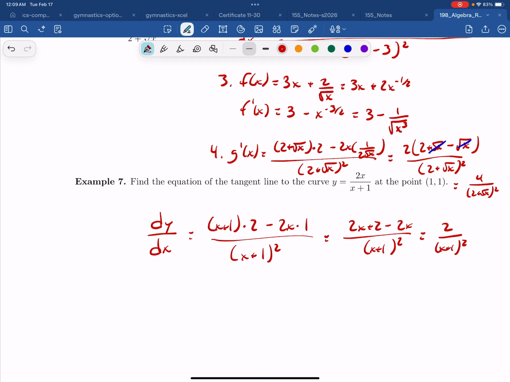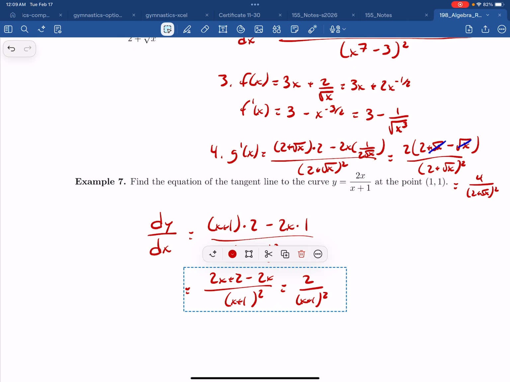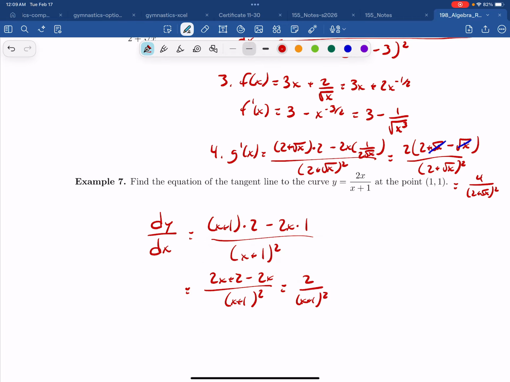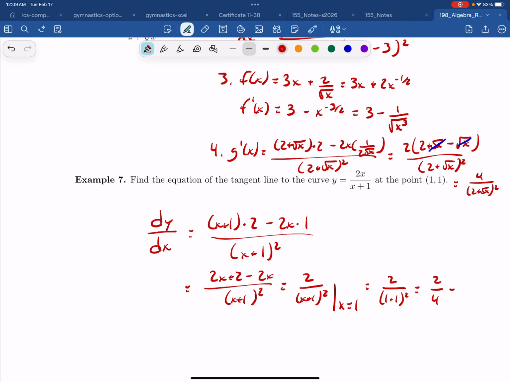Now here's a nice little bit of notation. Let me actually bring this down here, just for space purposes. You can then say, okay, evaluated at x equals 1 to get 2 over 1 plus 1 squared. That's sort of a way of plugging an x value into the derivative, which winds up being 2 over 4, which is 1/2. Okay?